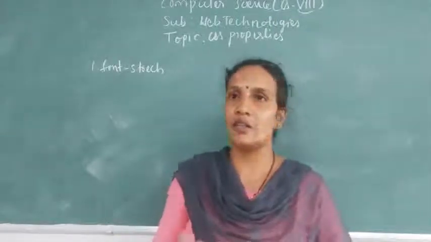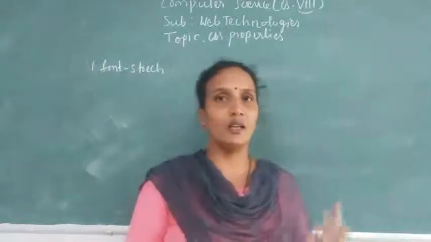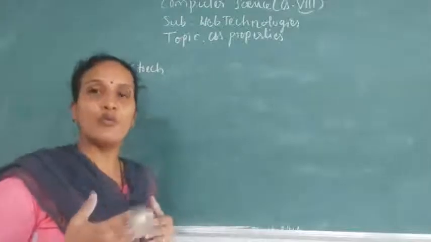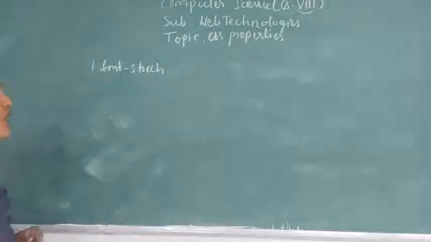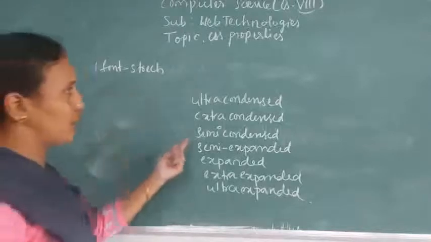Just now, the font variant that I gave decides the height of the text, whereas font stretch gives the width of the text. Here we have possible values for the font stretch. I will give you the list of the values now.